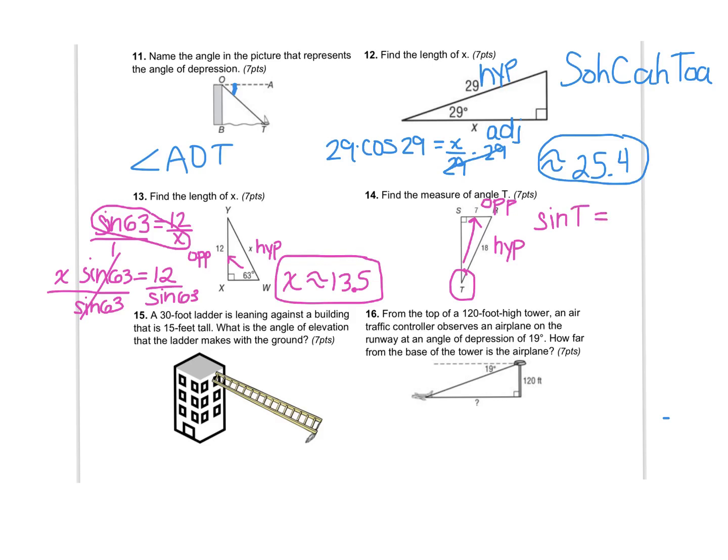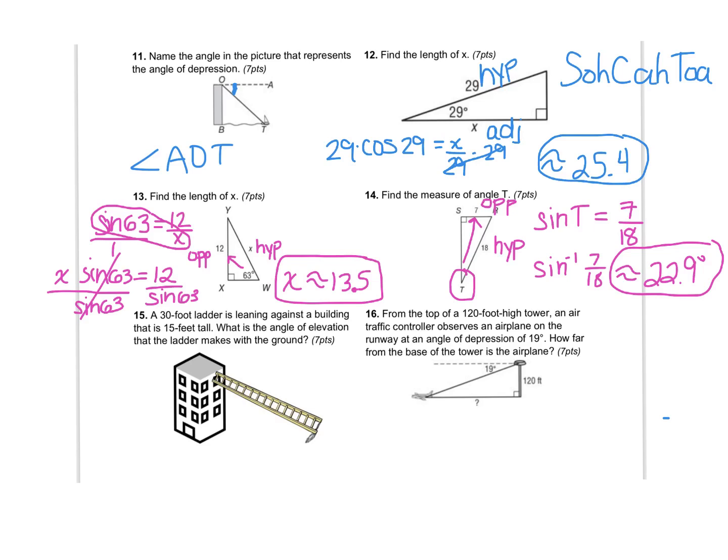So sine of t is opposite over hypotenuse. If I want to figure out the measure of that angle, you have to use the function that has the -1 symbol. So when you plug that into your calculator, you're going to get about 22.9 degrees.